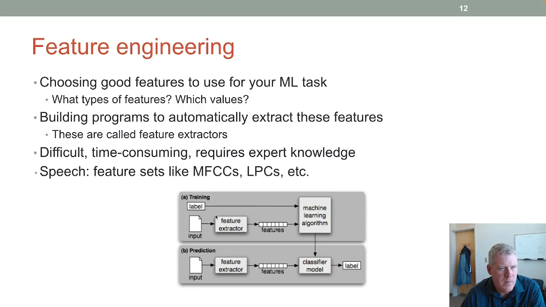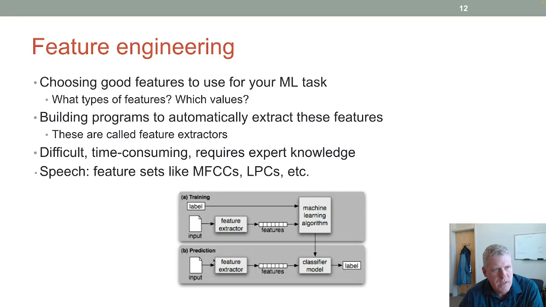So here's another diagram from another book where you have input, you have a feature extractor to extract out the features, and then you end up with the feature vector for this one observation. Again, it could be more than just the 7 little boxes here, but that could be thousands perhaps of features in that feature vector. And the label goes in here, and it goes into the machine learning algorithm, and you end up with a classifier model.